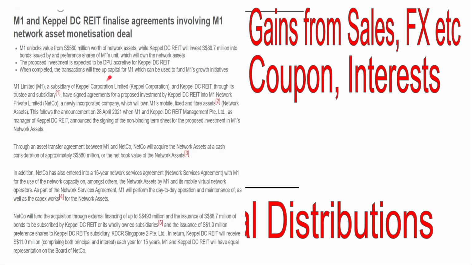It involves purchasing of network assets, and therefore, when they buy this network asset, they actually bought the perpetual bonds for this asset, and therefore they get a coupon payment every single year. So this coupon payment is not really operational rental income, right? But nonetheless, it's a coupon that they earn every year, and therefore can be distributed out as a capital distribution.